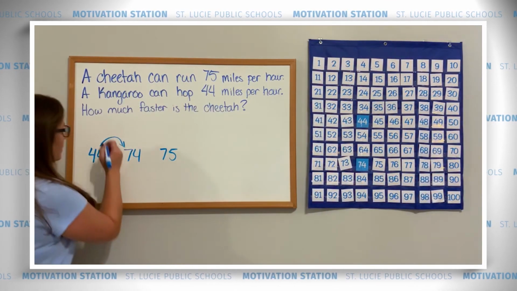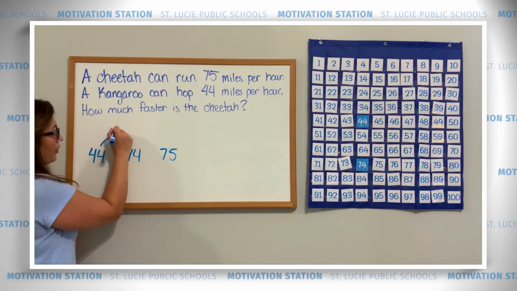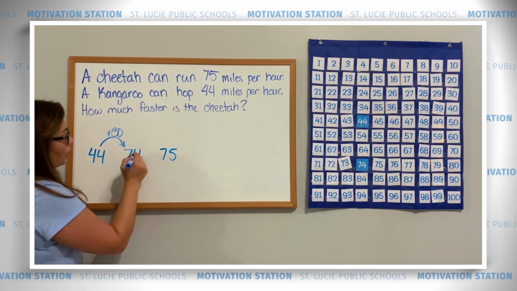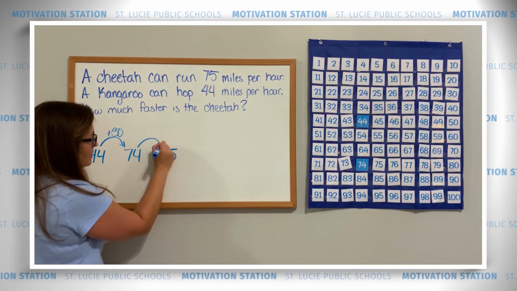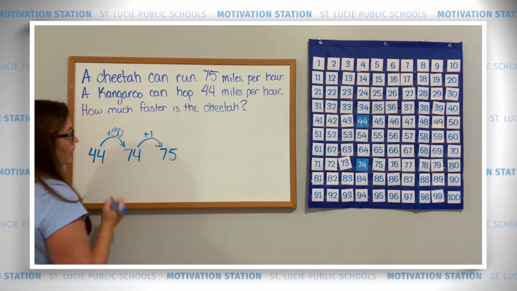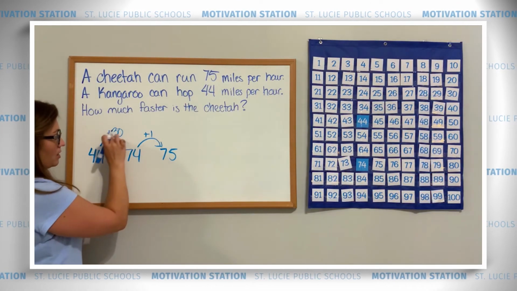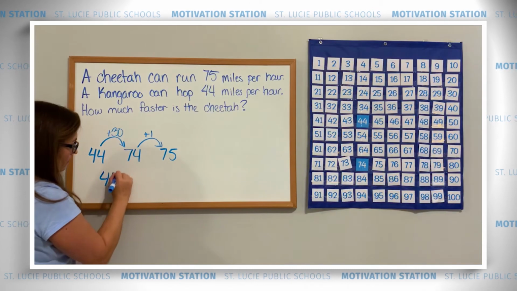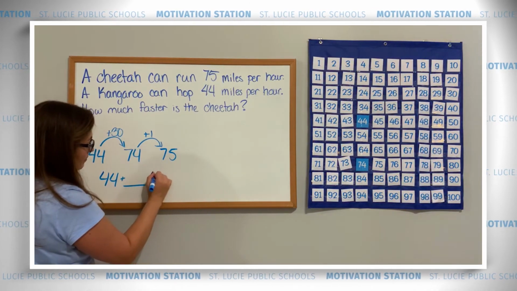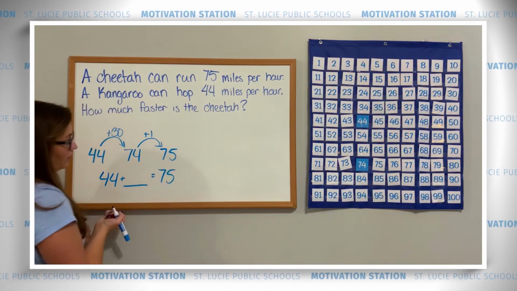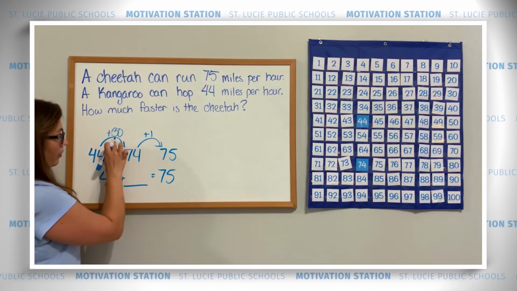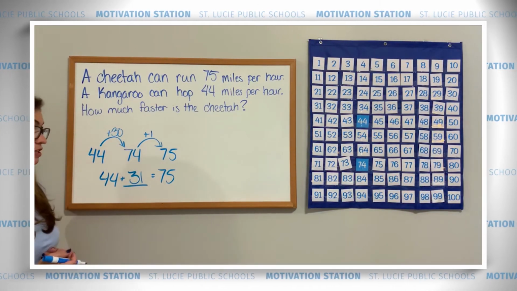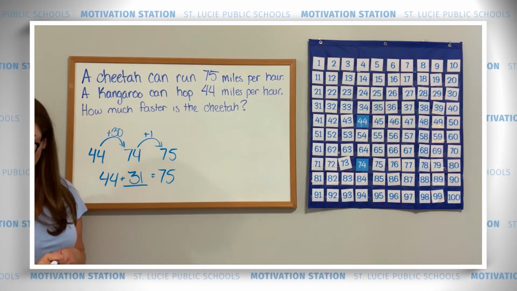Okay, so this would be plus 30. But then I need to go from 74 to 75. Well, that's easy. That's just plus 1 more. So I made a jump of 30 and then a jump of 1. So 44 plus something equals 75. What is it? Well, 30 and 1 makes 31. So the difference is 31 miles per hour.